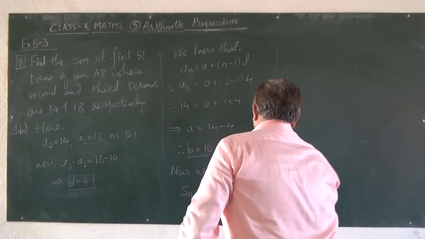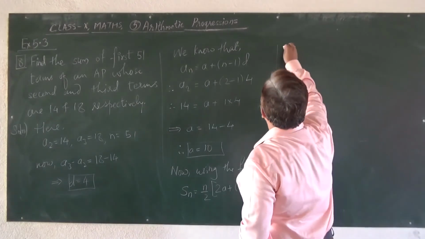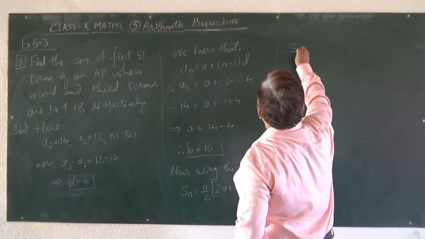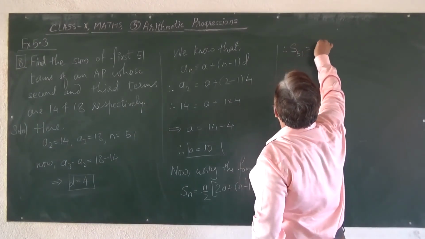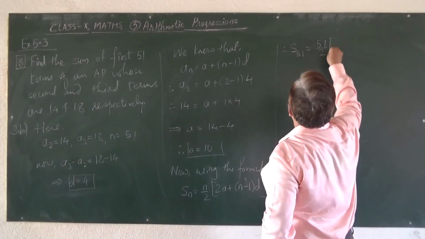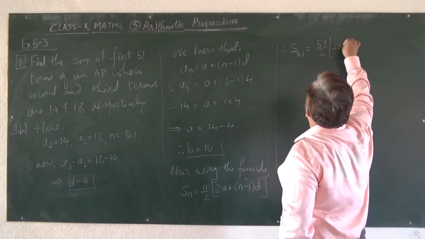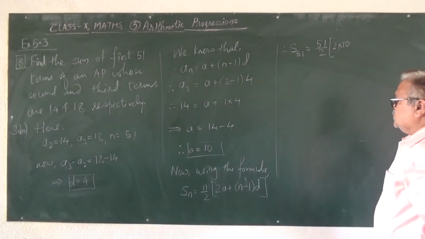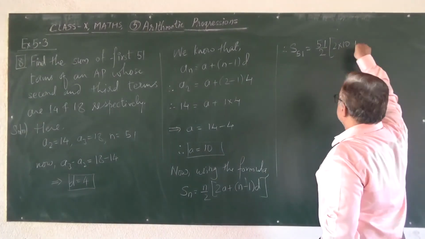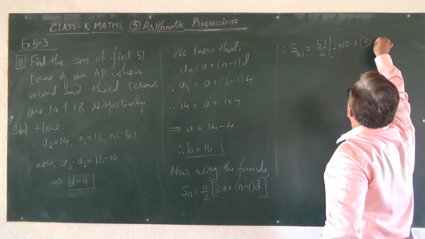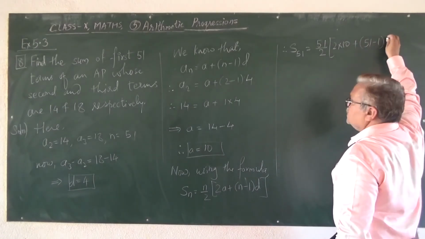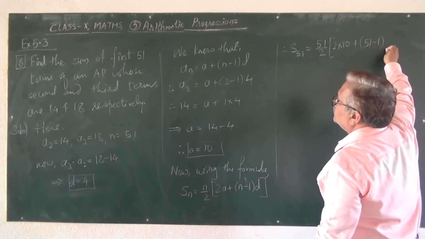Therefore S51, the sum of the first 51 terms. So n is 51, by 2, into the value of a, which is 10, we have calculated just now, so 20, plus (51 minus 1) into d, d is 4.